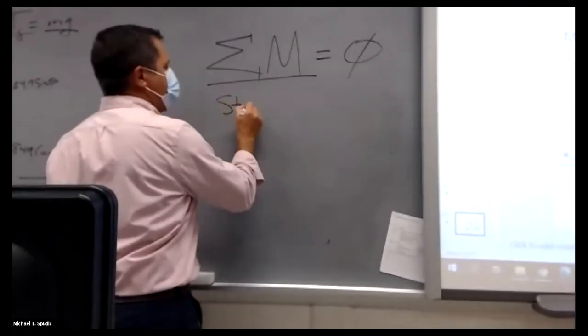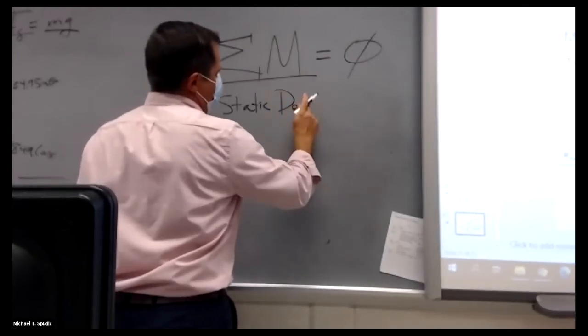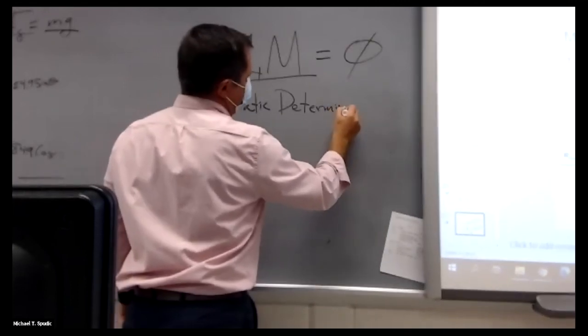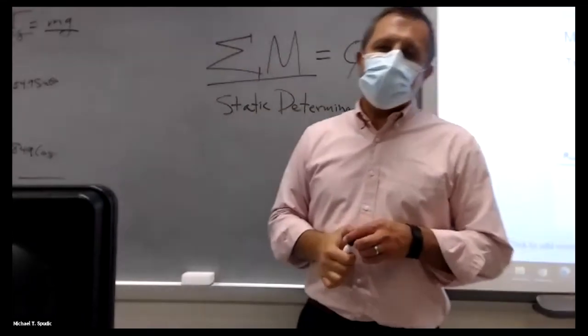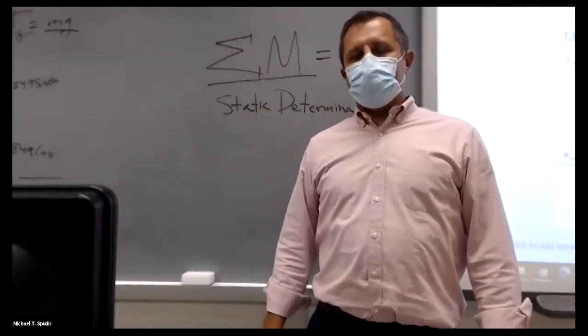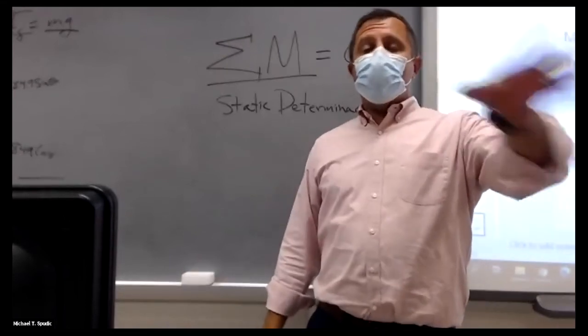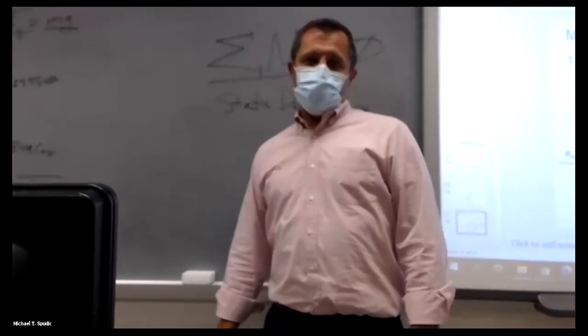This is for your assignment. Static determinacy. And what that means is, if you're given a truss, can you calculate all the forces? And why would you want to go forward and try to calculate all the forces if you cannot?